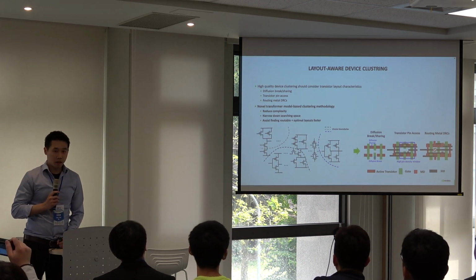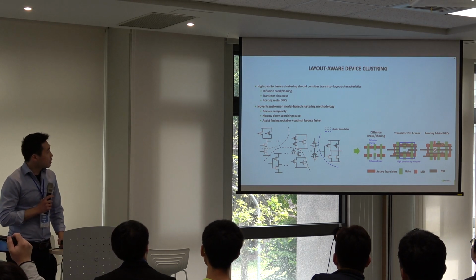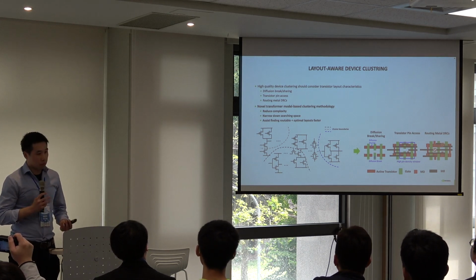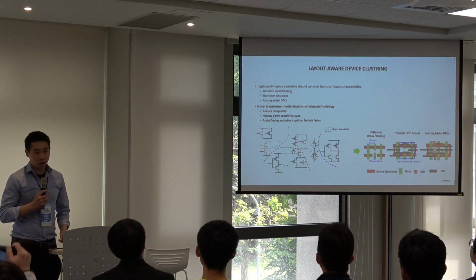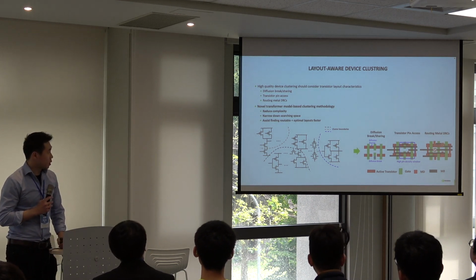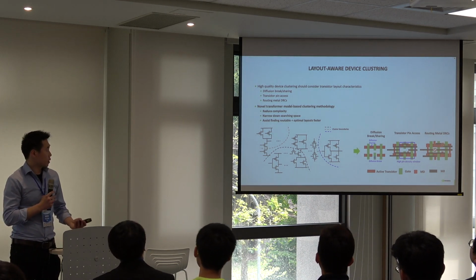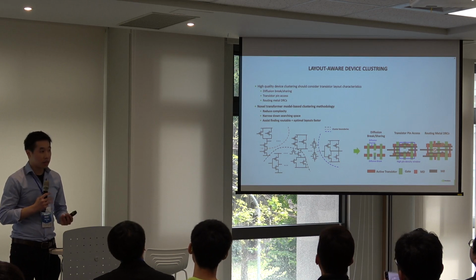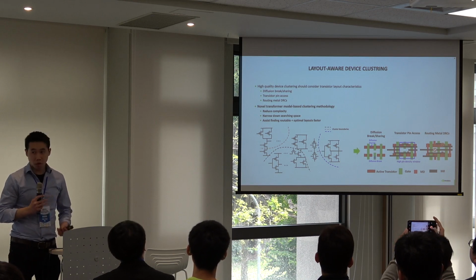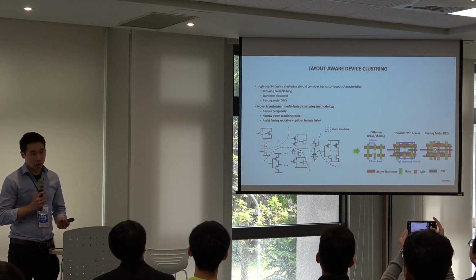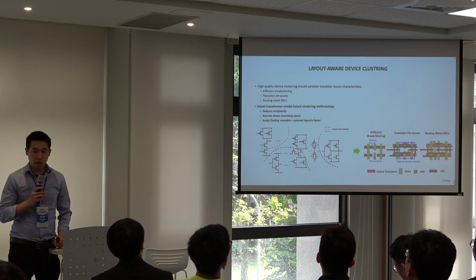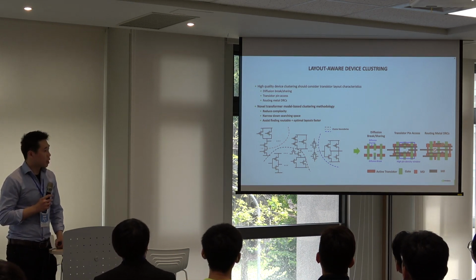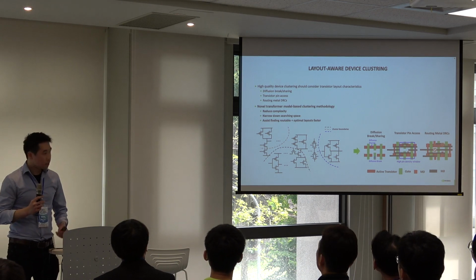We found that high quality device clustering could be one potential solution for this. For high quality device clustering, we need to consider the diffusion break, diffusion sharing, internal transistor pin access, and the routing metal DRCs together.